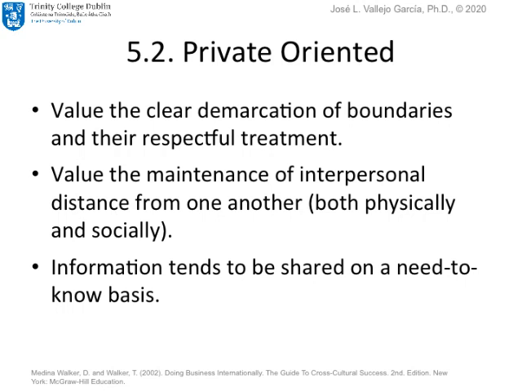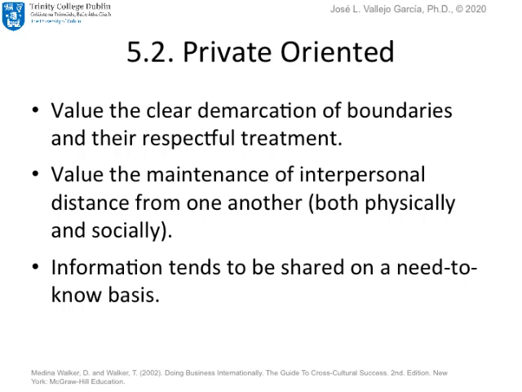Whereas private-oriented cultures value the clear demarcation of boundaries and their respectful treatment. They value the maintenance of interpersonal distance from one another, both physically and socially, and information tends to be shared on a need-to-know basis. So, public and private.